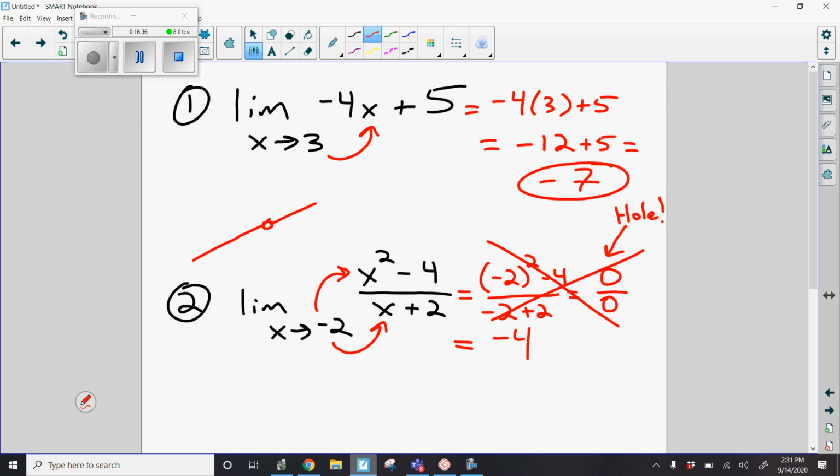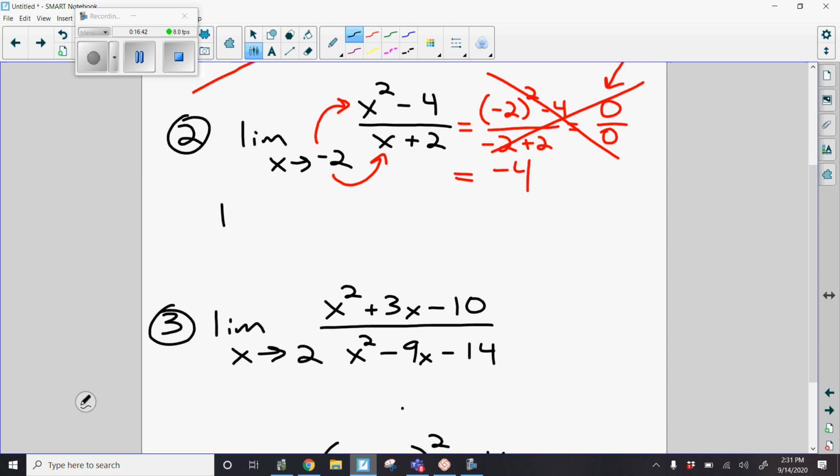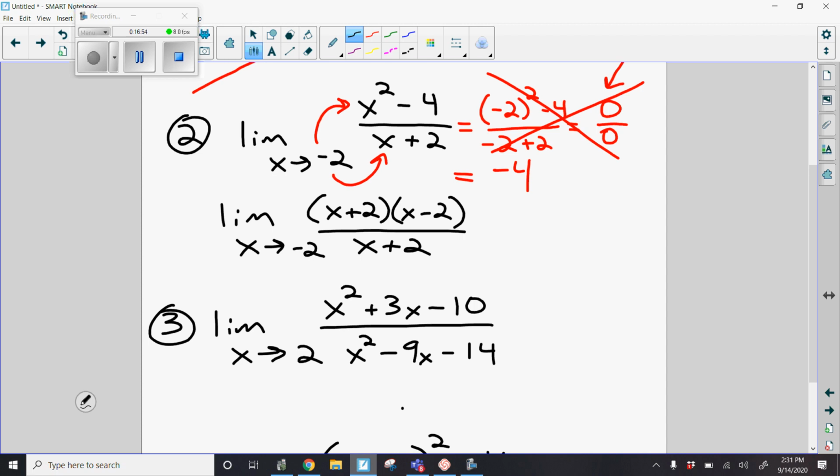So I know, rewriting this problem, I could solve this by doing, I can factor that top into x plus 2, x minus 2. Because I know that x plus 2 times x minus 2 is the factored form of x squared minus 4.